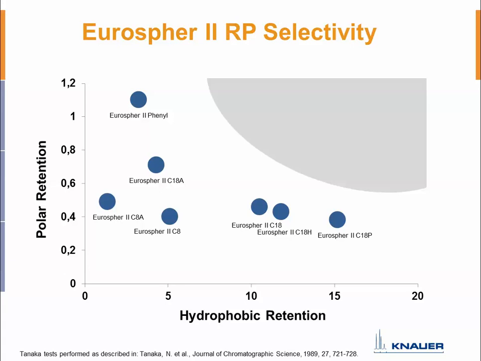And then you get this chart where you can have a description and see where your columns lie. And you see we can offer a really broad range of selectivity with our Eurosphere 2 columns. So in nearly any case, you can use one of these columns from this column family to solve your application problem.